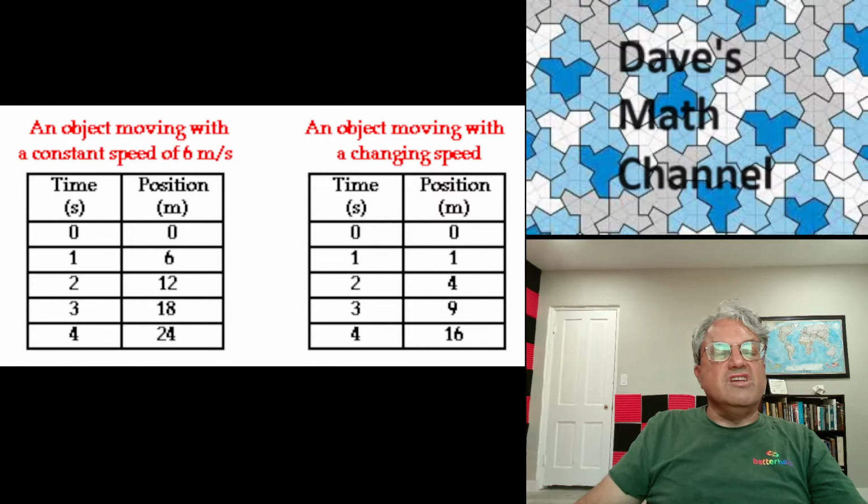That's going to be 2 meters per second. So that means your speed is increasing. Your average speed for the first 2 seconds is more than it was for the first second. Similarly, this is quadratic. You can see 9 divided by 3. For the first 3 seconds, your average speed was 3 meters per second. And for the first 4 seconds, your average speed was 4 meters per second.